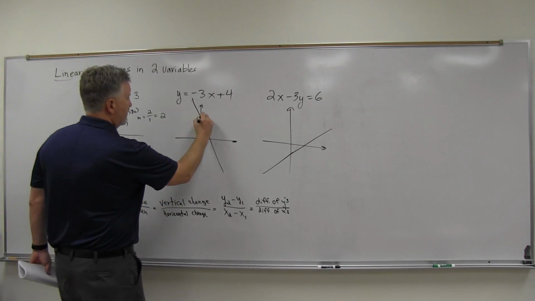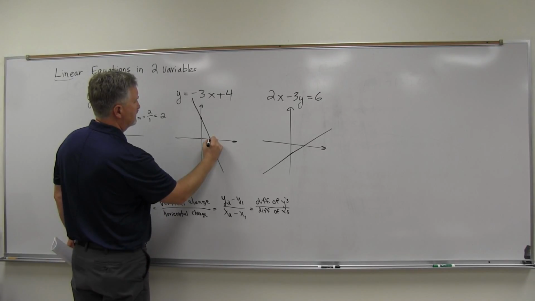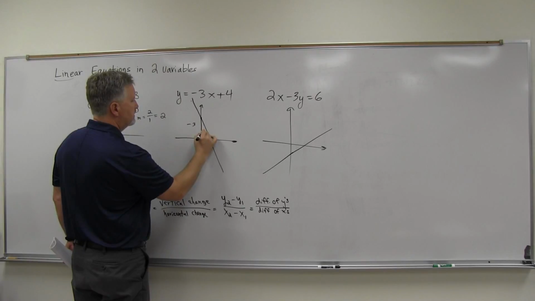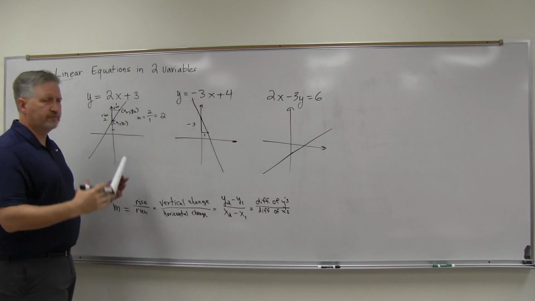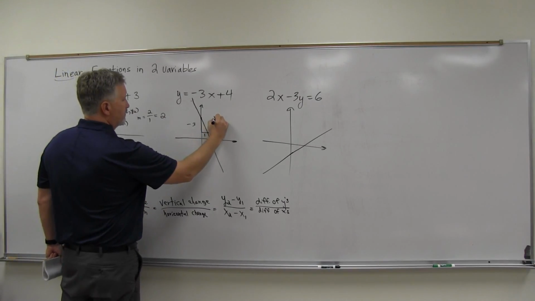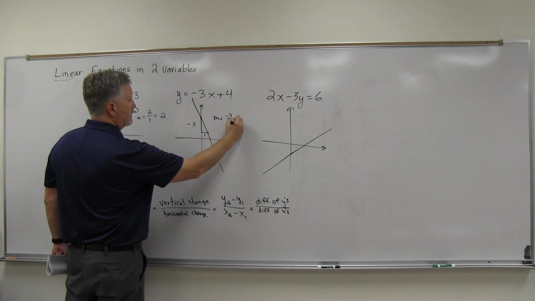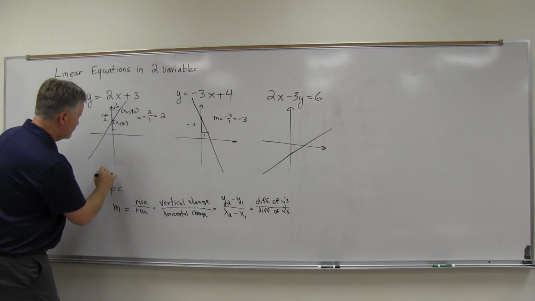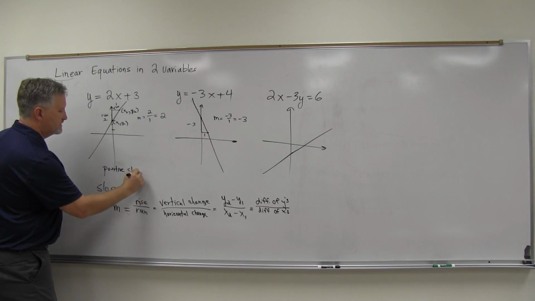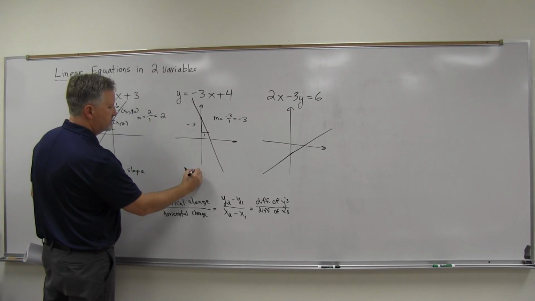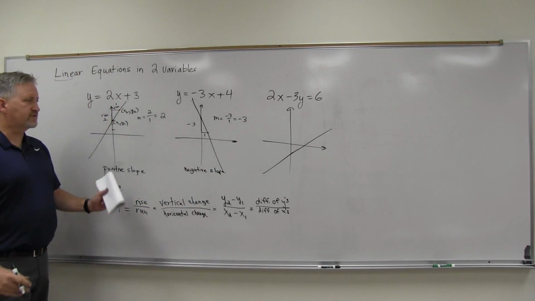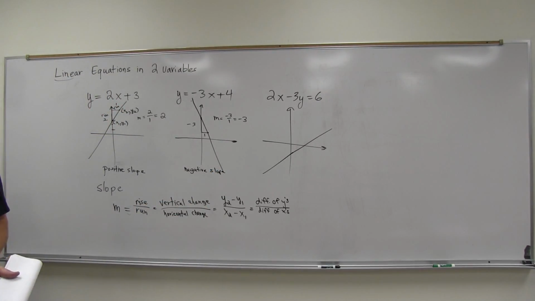Whereas over here, if I run from this point down to this point, the rise, we go down 3, and then we run 1. Like I said, we'll talk about that if you don't know where I'm getting that. But the slope here, the rise over the run, is negative 3 to 1, so that's a negative 3. So this has a positive slope, and this has a negative slope, and that's sometimes helpful to know what you're dealing with, whether you have positive or negative slope. And you notice the difference between the two is what?